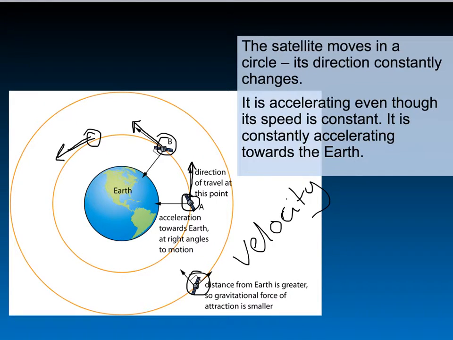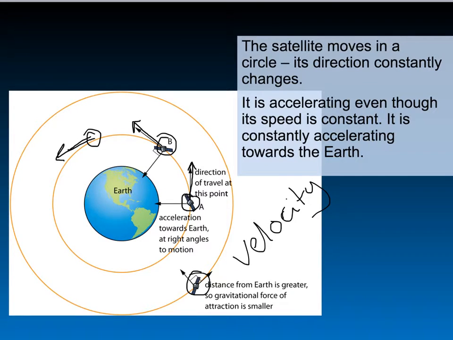Okay, so the speed's the same, but the velocity is always changing because the direction is always changing. So the direction relates to our velocity. Because the direction changes, the velocity changes.